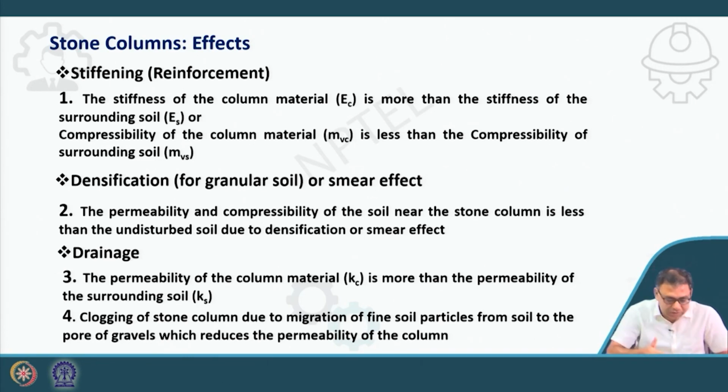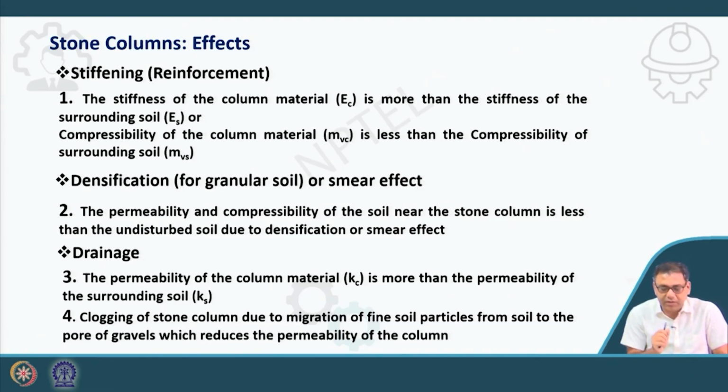So these four things we will consider during the design. Out of these, the first three cases will be considered, and the fourth one can be prevented. We will discuss one by one. So there is a reinforcement effect, there is a densification effect or smear effect, and there is a drainage effect, meaning the permeability of the stone column is more than the permeability of the soil.